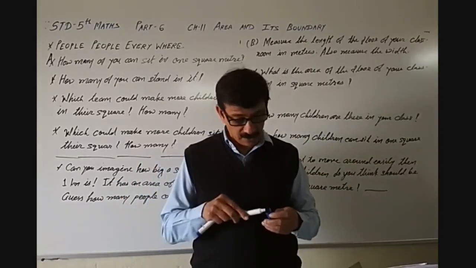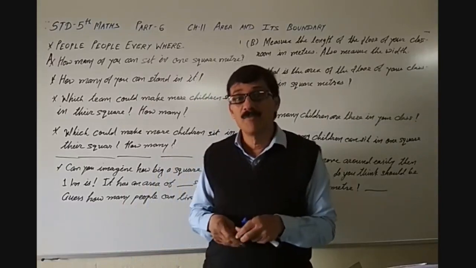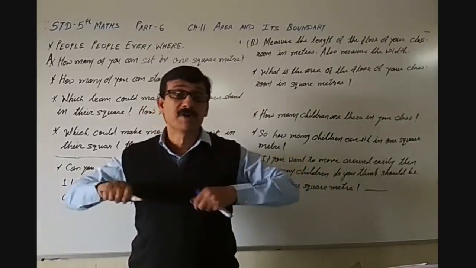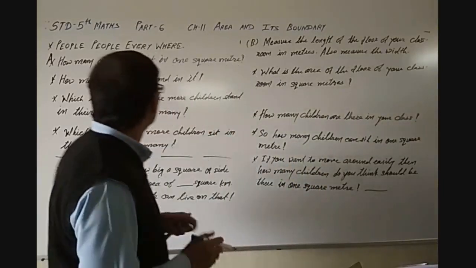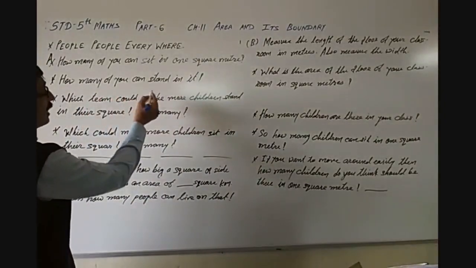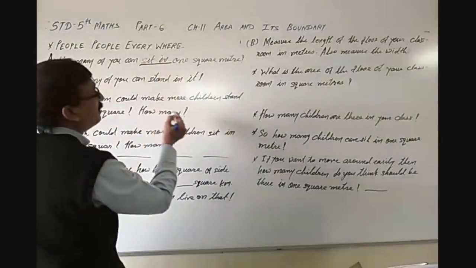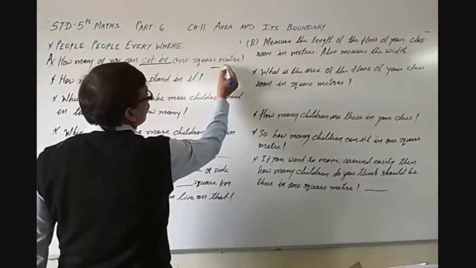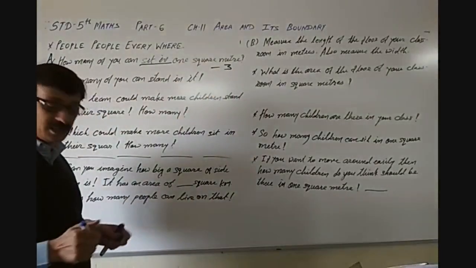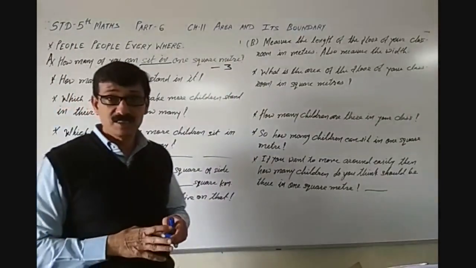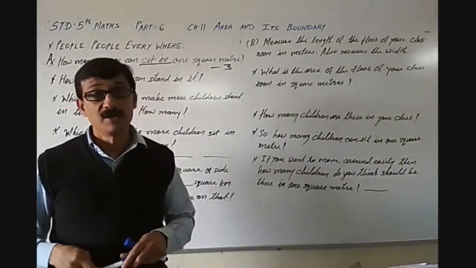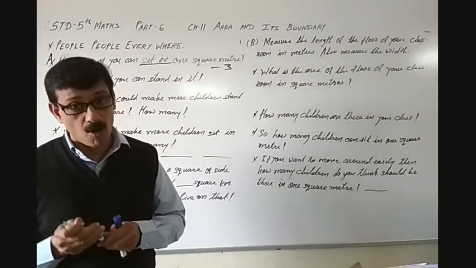See, we cannot sit more than 3 in 1 square meter box. So how many of you can sit in 1 square meter? Say 3. So you have to answer, 3 of us can sit in 1 square meter box.